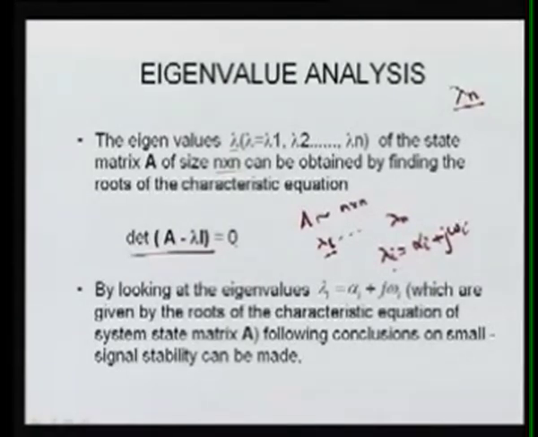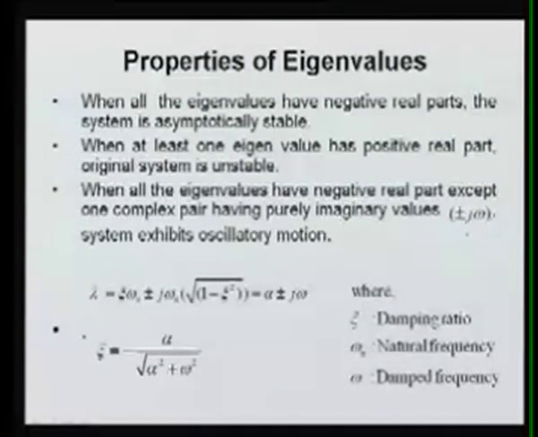First, when all the eigenvalues have a negative real part, that is, all the alpha i's are negative, the system is asymptotically stable.